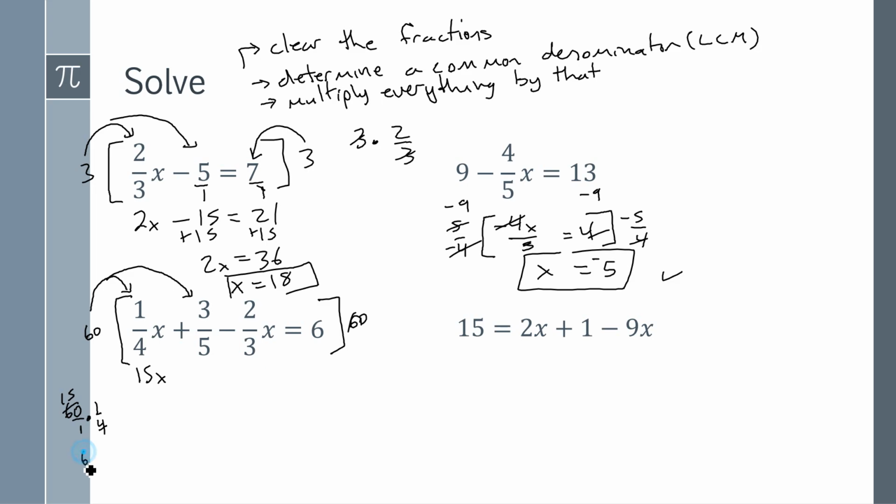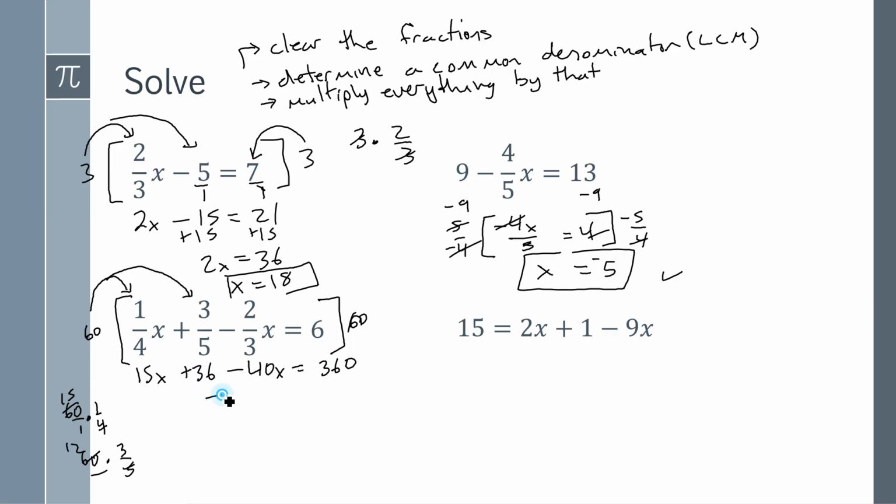So what's going on is I have 60 times 3/5. Cross cancel. Get 12. And 12 times 3 is 36. So this is 36. No x though. And then minus. Do you see what I'm doing? 60 divided by 3 is 20. And 20 times 2 is 40. And then 6 times 60 is 360.